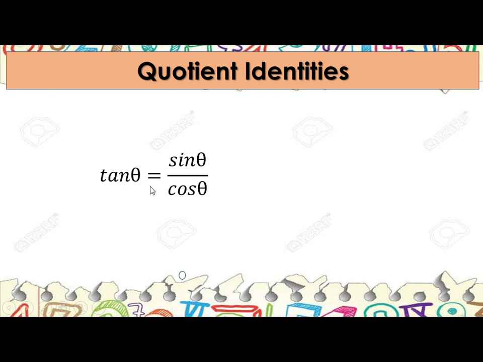As what I said po last meeting, if you are looking for the cotangent naman po, you just need to get the reciprocal of this given value po. Thus, if you're looking for the cotangent theta, that is actually equivalent to cosine theta all over sine theta. Okay, so that is for the quotient identity. I want you to write that one in your notebook po.